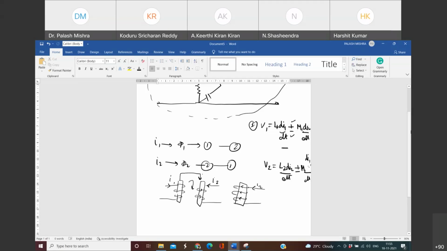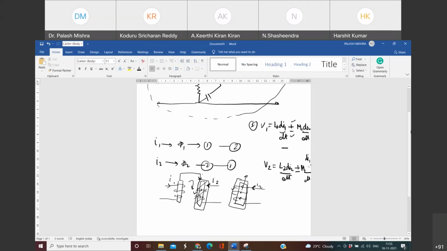It will oppose. Okay. So you see, suppose you are being given a black box. You don't know about the sense of winding inside it, how it is wound, whether it is wound in this way or in this way. But you can see the direction of current in both the windings, from the terminals, it is entering inside. Yes or no? Yes.